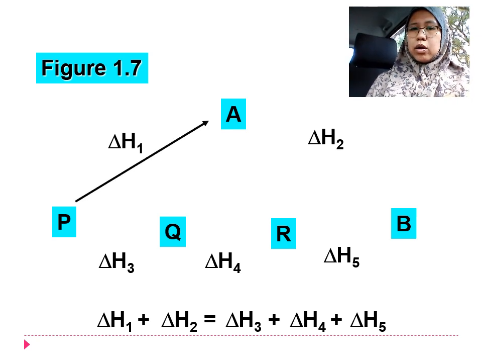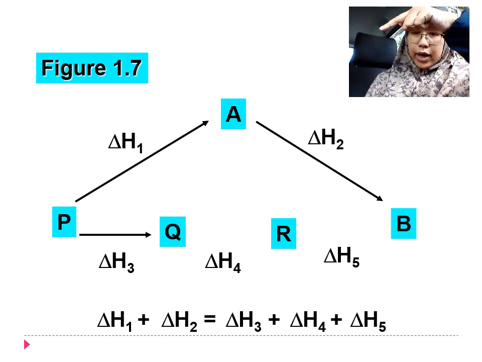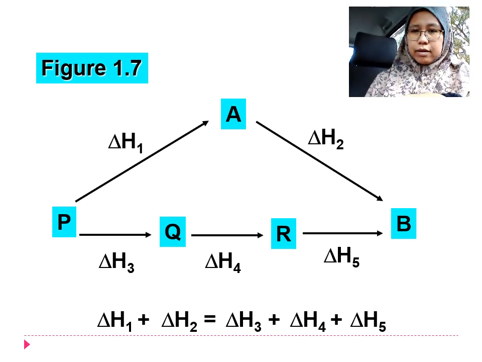According to Hess law, you can see the arrow there, the enthalpy change from P to B would be the same, whether it is going through the upper pathway or the lower pathway. So the upper path would have two reactions, and the lower path would be having 3 reactions.